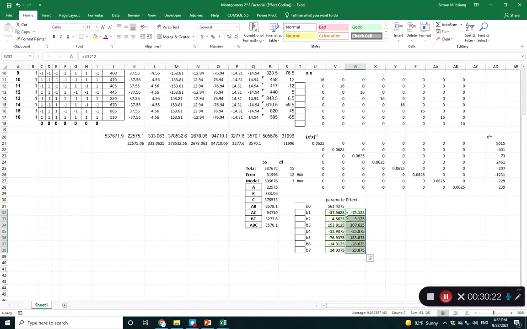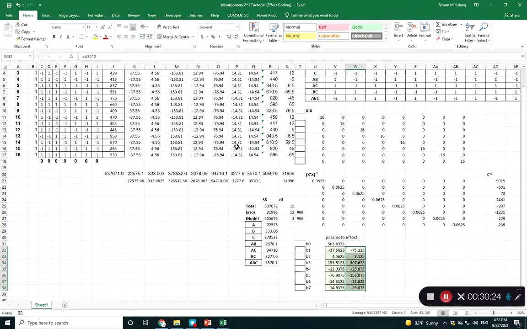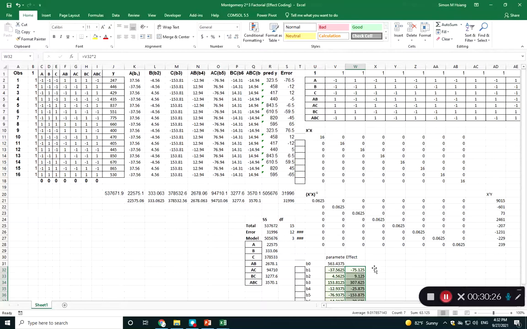And once you have the effect, you can also run this multiplication of conditions times the parameter: intercept times A term, B term, C term, AB interaction term, you get your prediction. And then you will have your error term done.